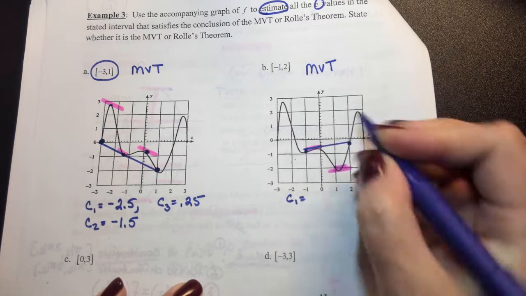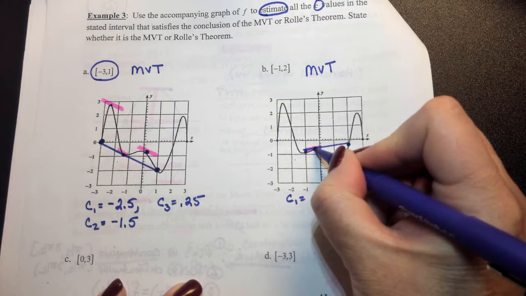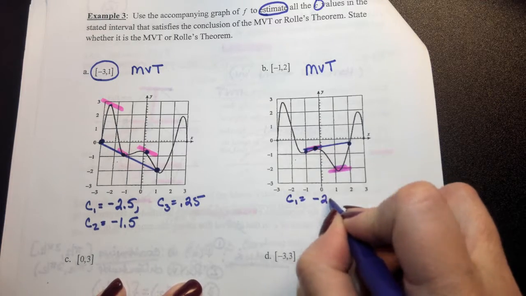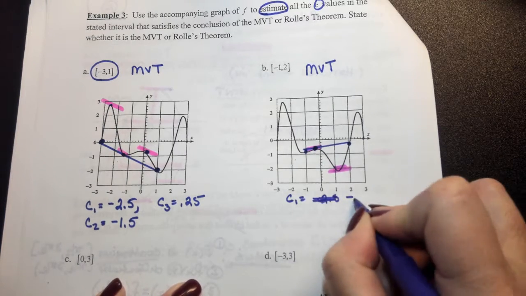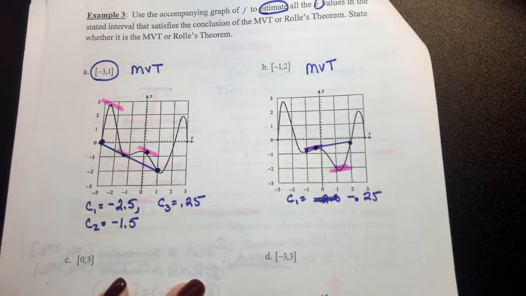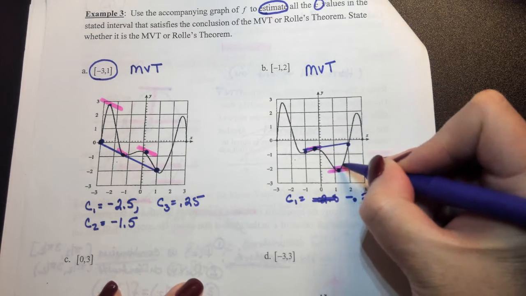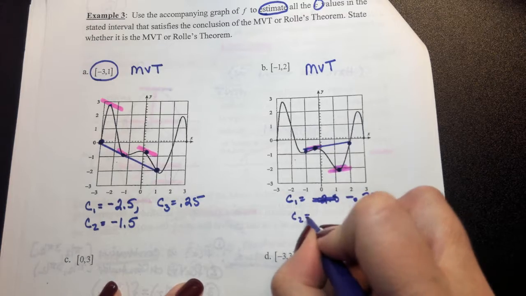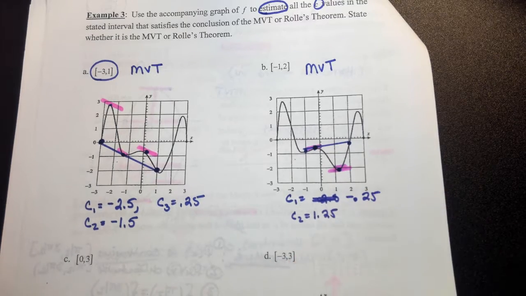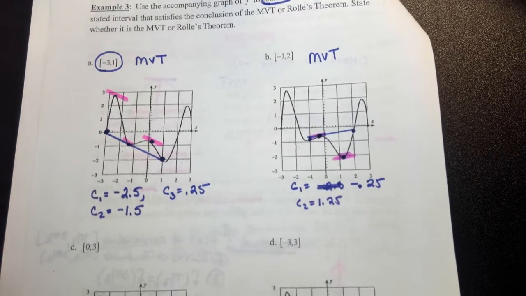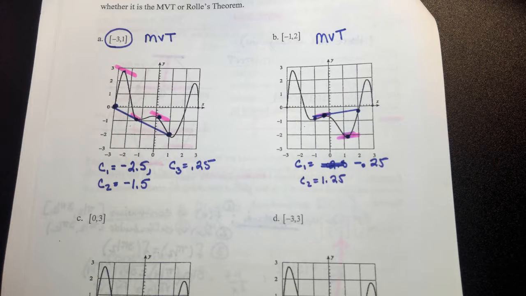So for my first one, it looks like it's going to be right about here, which looks like it's about -0.25. And right about here, looks like it's going to be about 1.25. Okay? You guys go ahead and try letter C for me.